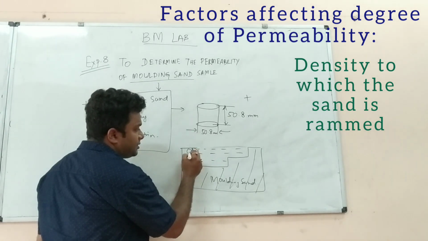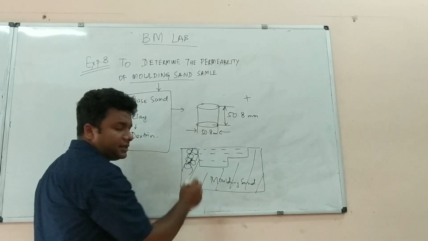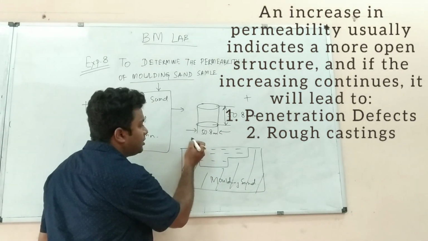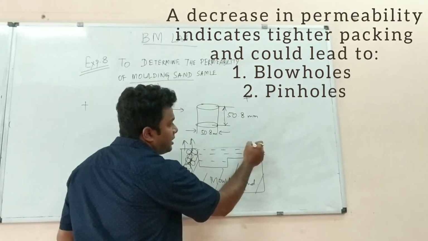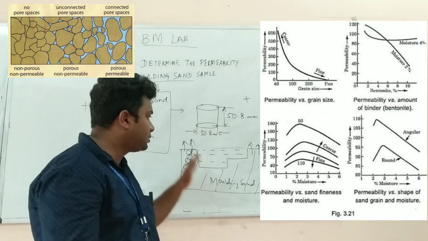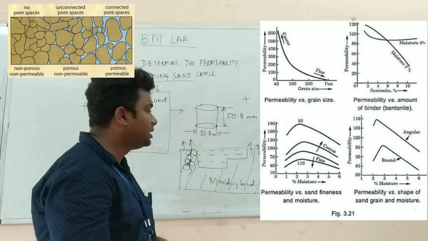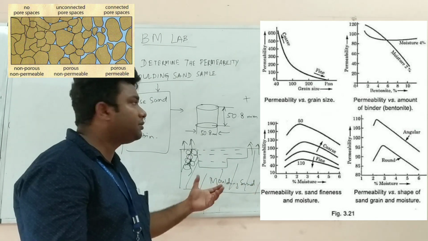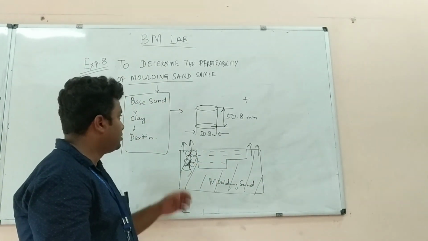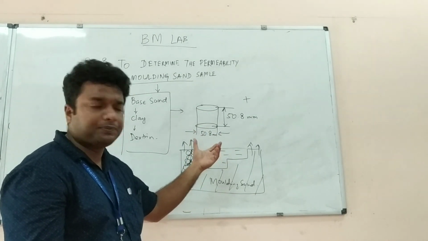And if the grains don't have a certain permeability factor, these airs or gases will not vent. So to vent the hot gases or the airs which are generated during the casting process through the molding sand, we need to have a particular amount of permeability in the molding sand. And to check that permeability, we will go for this permeability experiment by using a molding sand sample of a particular dimension which is shown here.